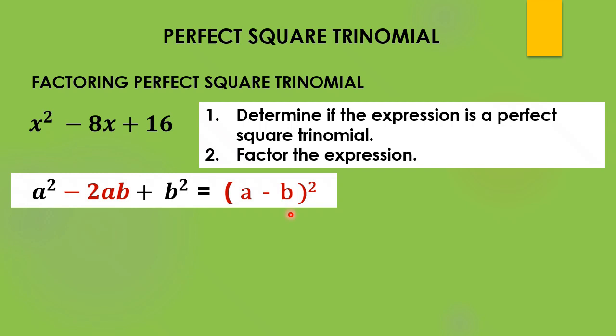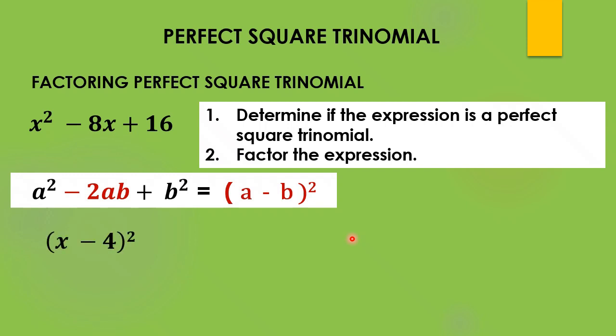Why do we follow this pattern? Because as you can see, the middle term is negative. If the middle term is negative, then the factor must be the square of the difference of a and b. So we're going to follow this format: the square of a minus b.